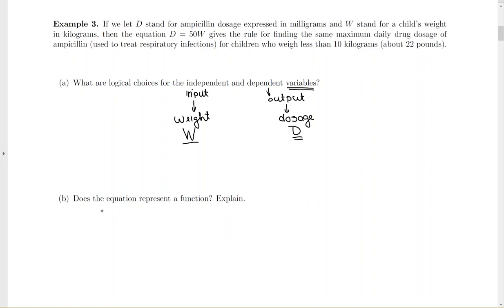And the answer is no. For each weight, there is exactly one dose that you should be taking of medicine. All right, so for each weight W, there is exactly one dosage D, so it is a function.